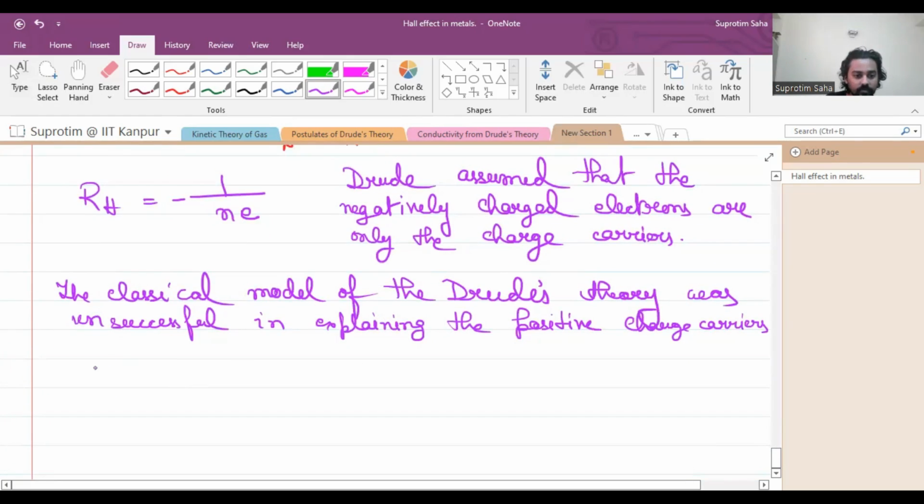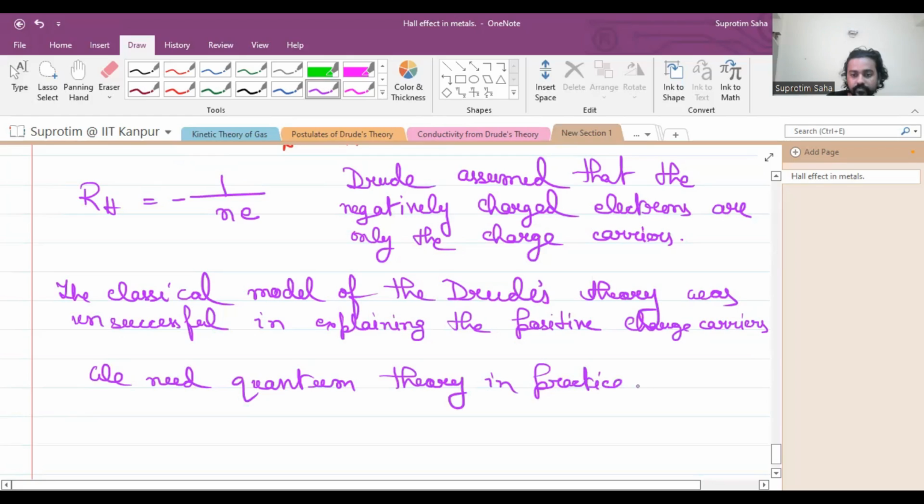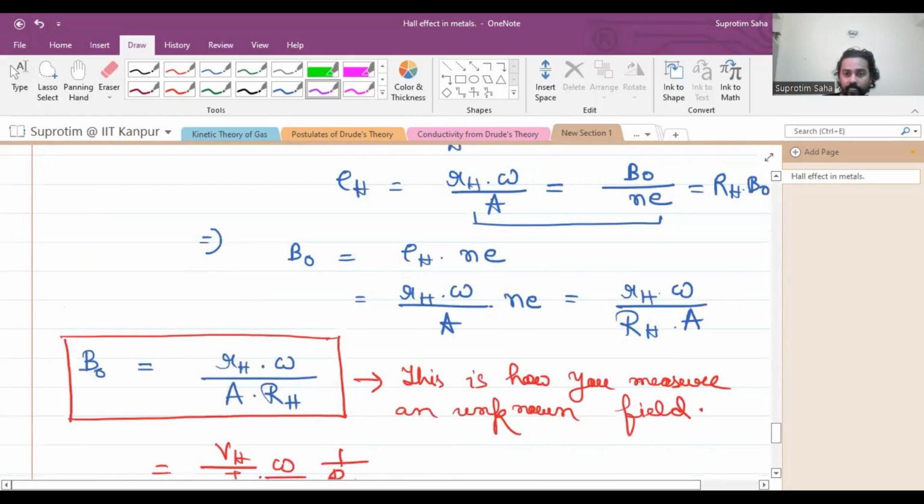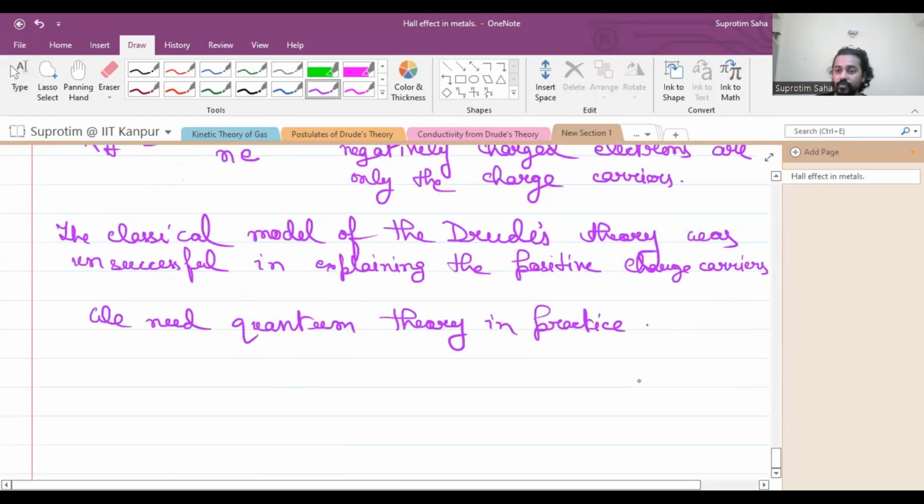So we need quantum theory in practice, because we would assume that the charge carriers are like hard spheres, classical hard spheres, but they are not. Electrons are quantum particles, they are fermions. So you need quantum theory in practice to explain these drawbacks. And in earlier lectures also, we talked about this.